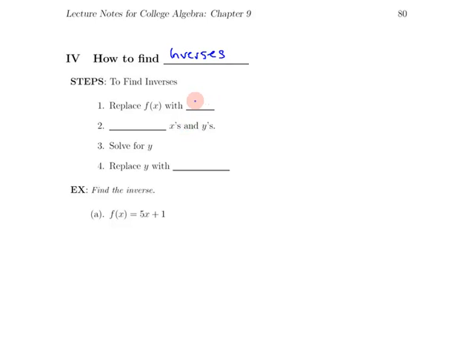Replace f of x with a y, then swap all the x's and y's. Solve for y, and once you have it solved for y, replace y with this symbol, which is the notation for the inverse.